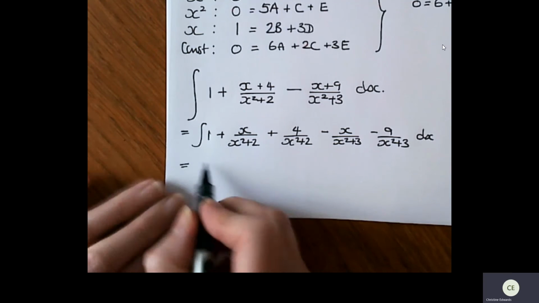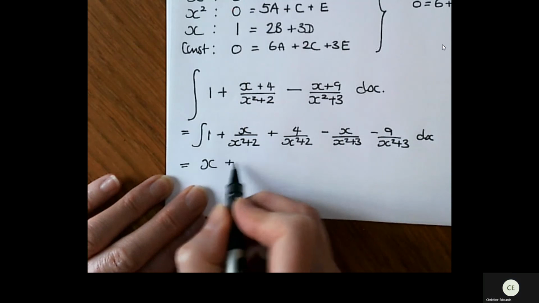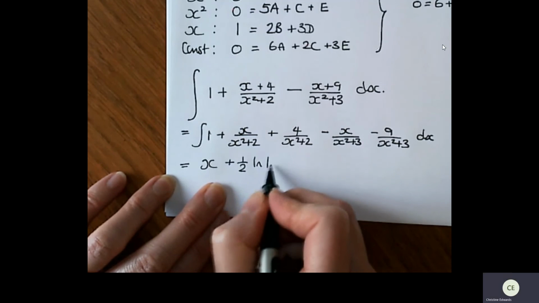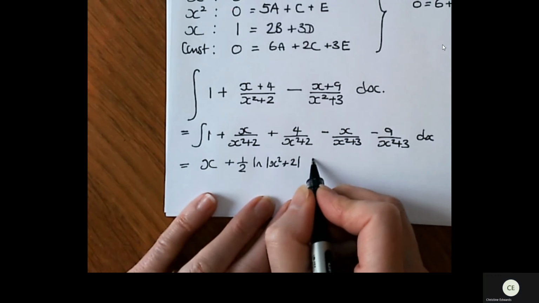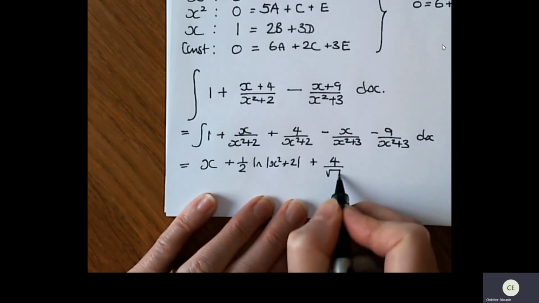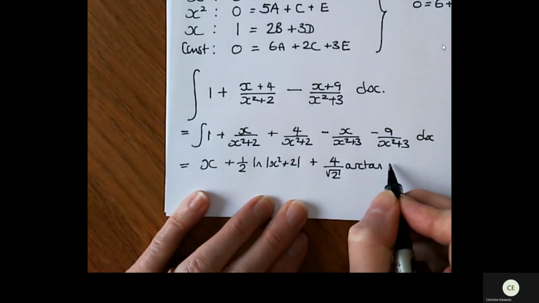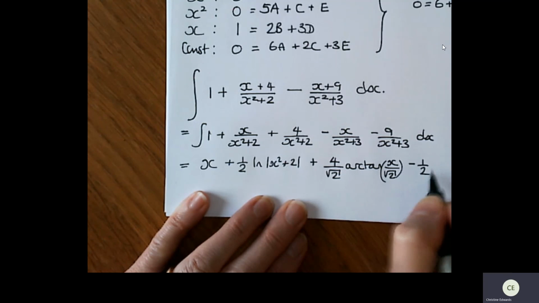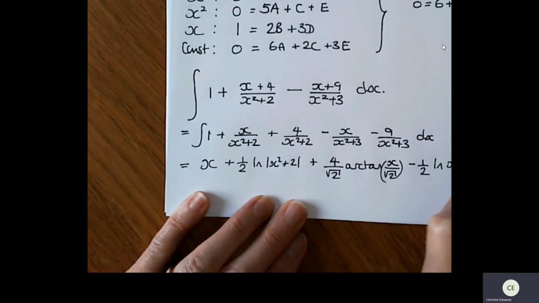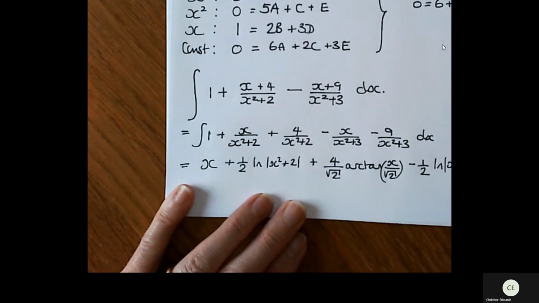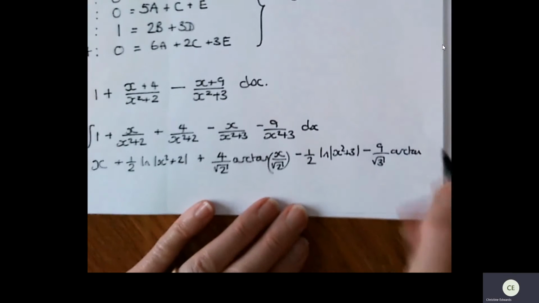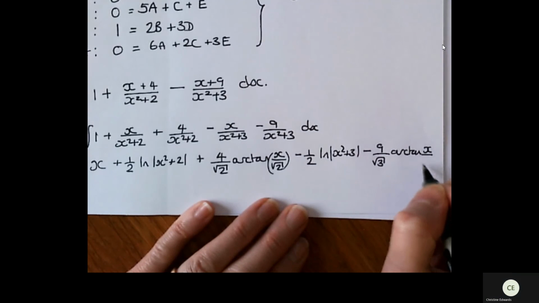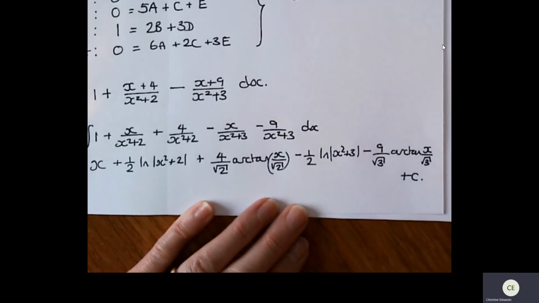So my integration gives me x plus the half of log x squared plus 2, plus 4 over root 2 arctan x over root 2, minus the half log x squared plus 3, minus 9 over root 3 arctan x over root 3 plus the constant of integration.